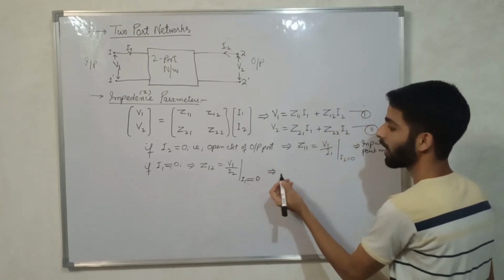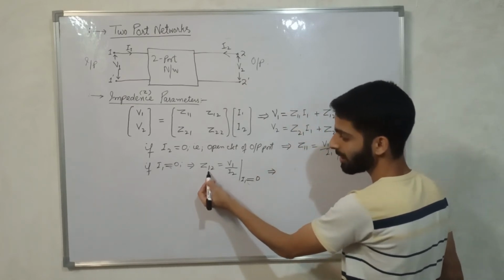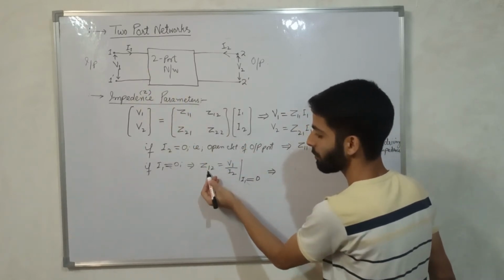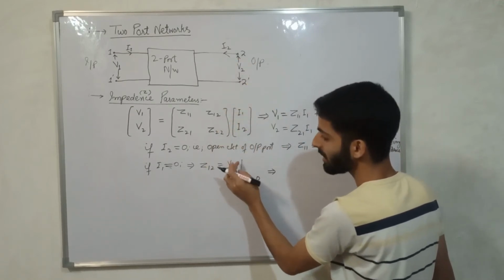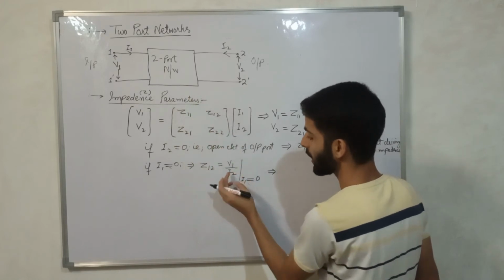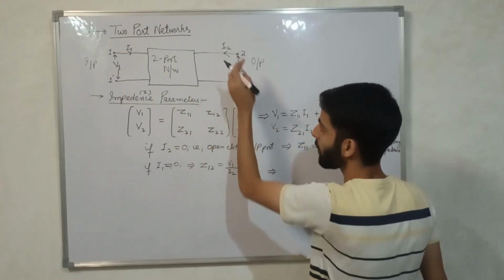So we will name it. Here we see one subscript from input, that is 1, and another subscript 2, that is from output. Its numerator is V1, which is from input, and the denominator I2 is from the output side.